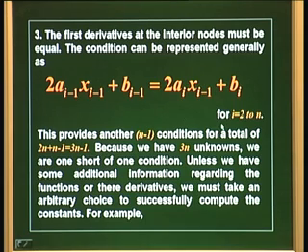That gives us n minus 1 conditions again, because these are interior points. At all the interior points we can match the derivatives of the polynomial. We had 2n conditions before and we add n minus 1 conditions to it, so we have 3n minus 1 conditions, but we still have 3n unknowns. So, we are short of one condition.